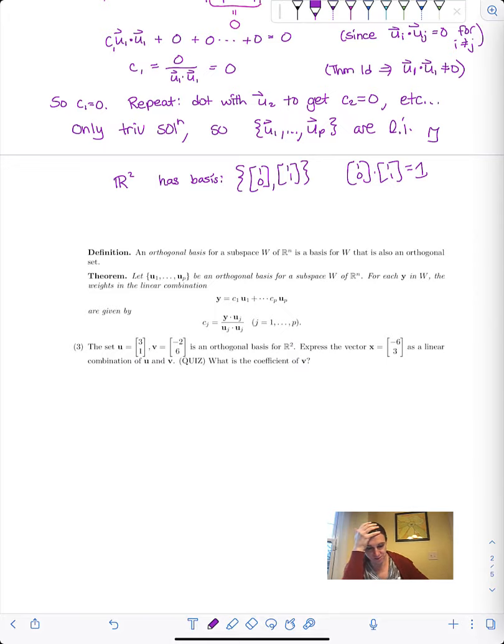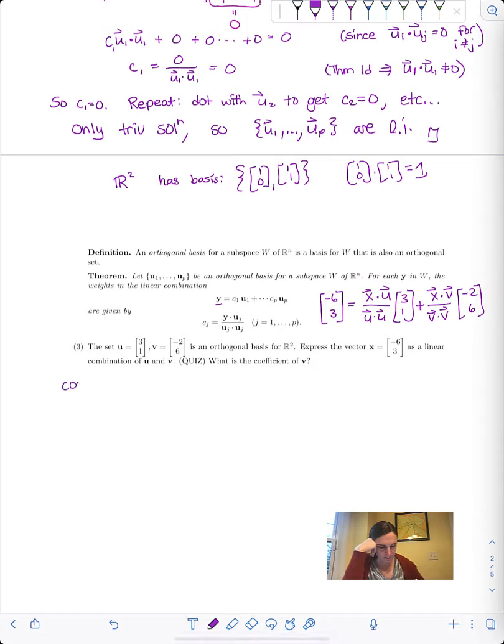If we want to express our vector (-6, 3), taking the role of our y here, we need to take its dot product with u over u's dot product with itself, times u, plus the dot product of our vector with the second basis vector over the second basis vector dotted with itself, times that second basis vector.